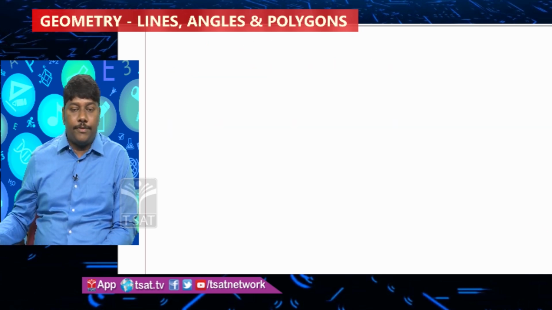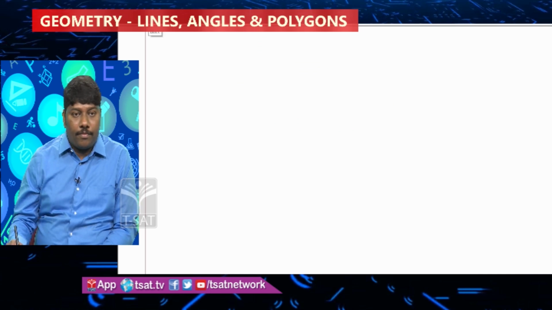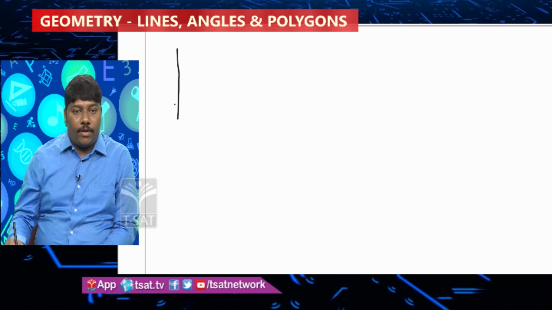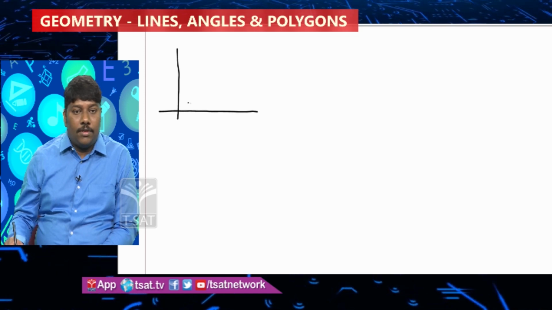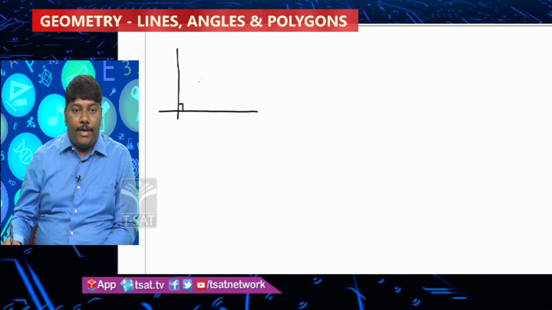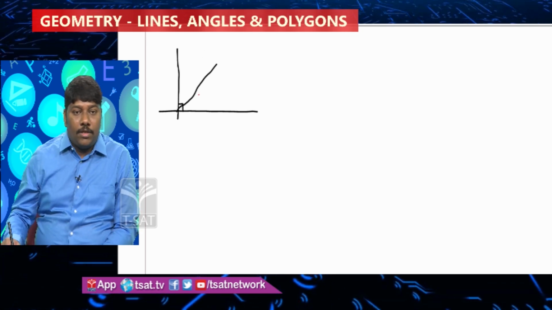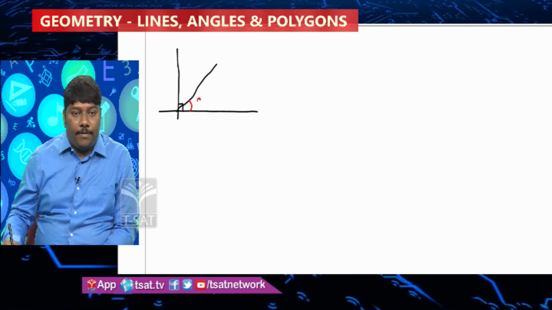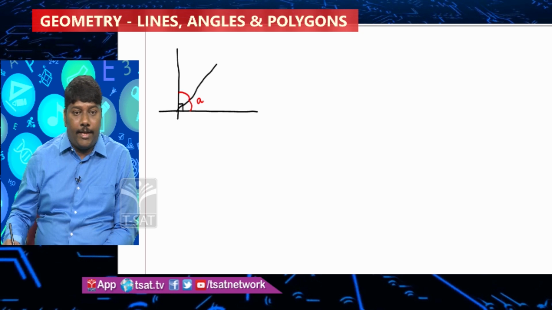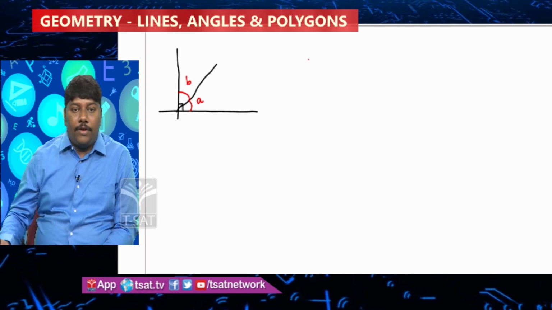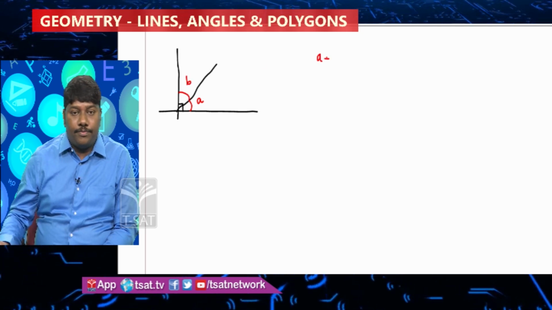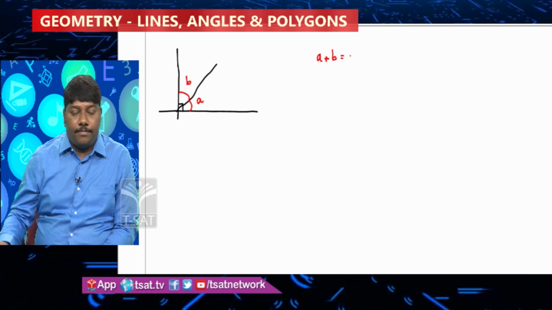In addition to this, suppose this is a right angle, and I am dividing this right angle using a line. Let us say this angle is A, the rest of the angle is B, and we know that A plus B is equal to 90 degrees here.